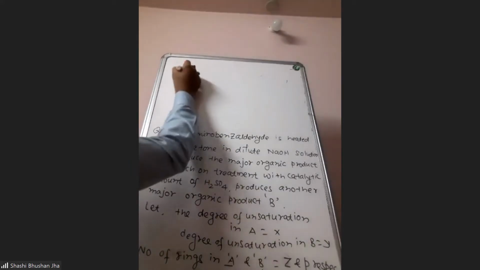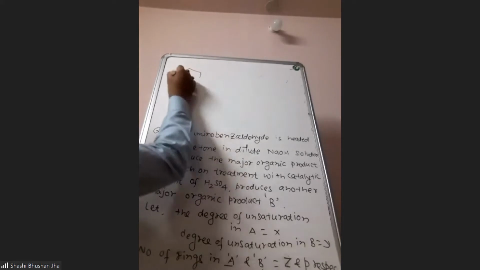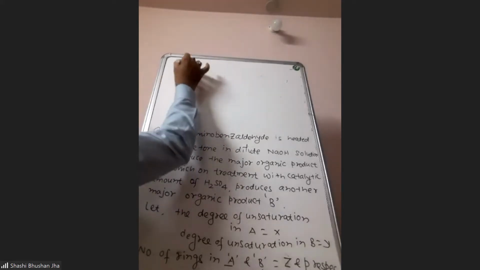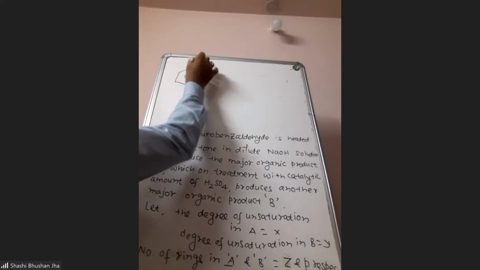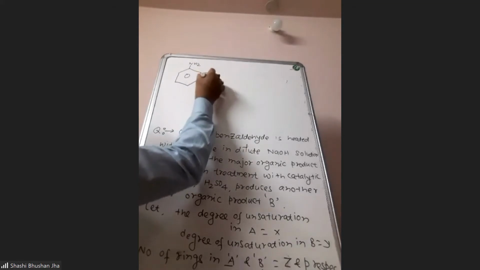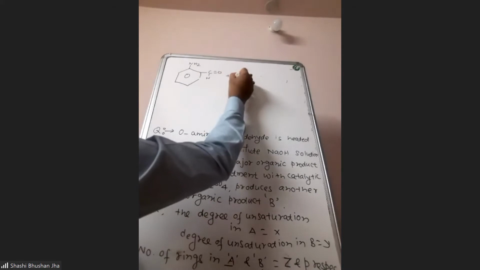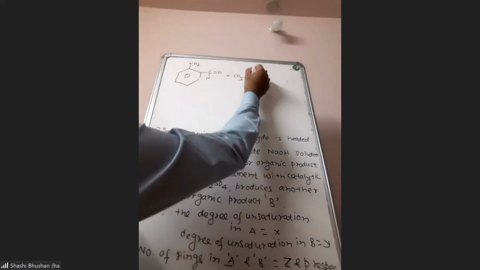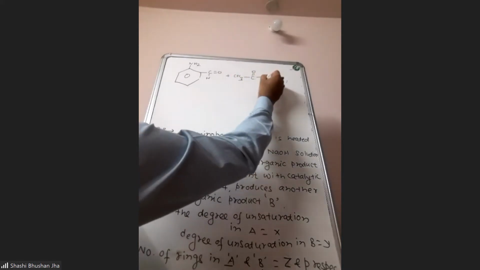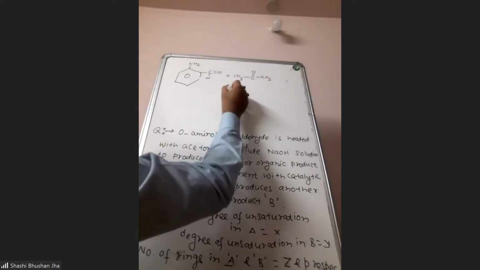So orthoaminobenzaldehyde is heated with acetone in dilute sodium hydroxide solution. This is orthoaminobenzaldehyde. It is heated with acetone in the presence of dilute sodium hydroxide.